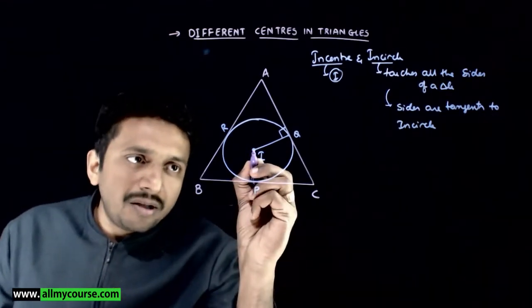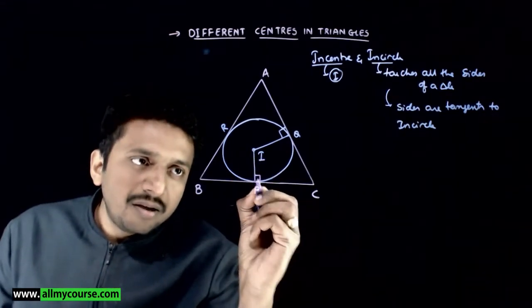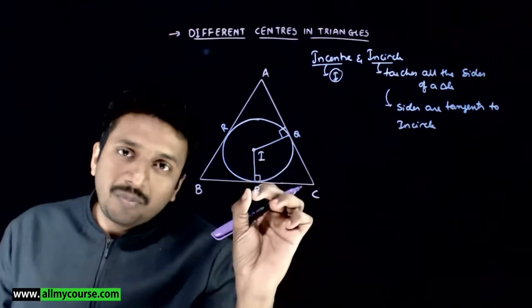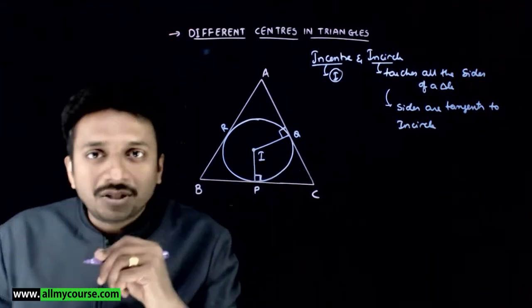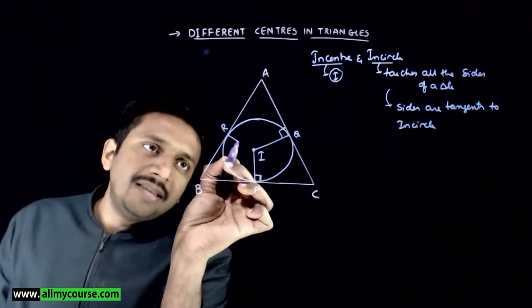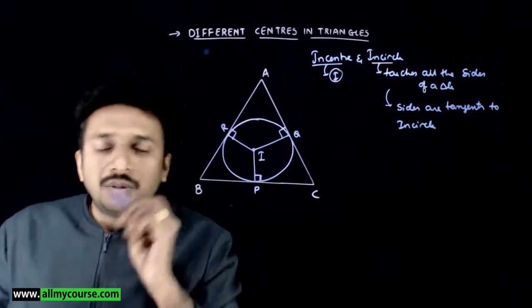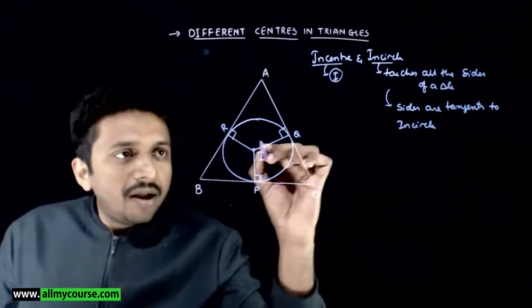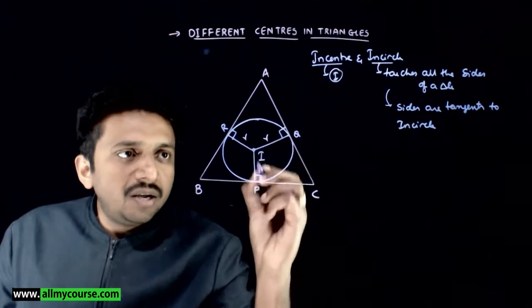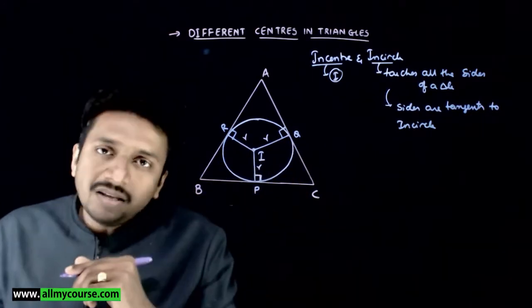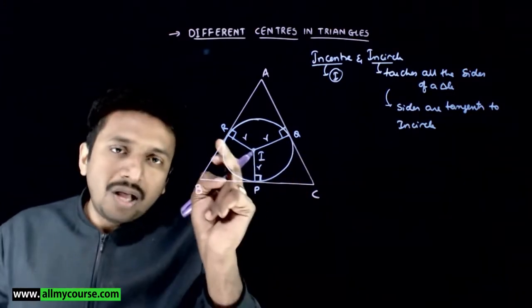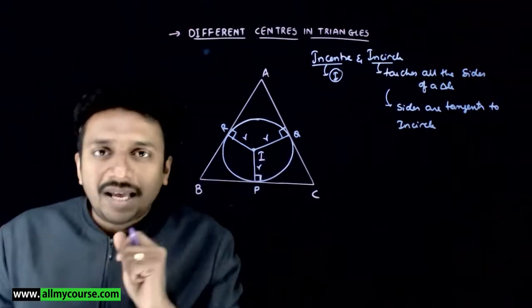So if I draw a perpendicular, or if I join I to the other points of contact, this angle will also be equal to 90 degrees, and this angle will also be equal to 90 degrees. And all these three lengths will be equal to the radius of the incircle. So all the lengths of the perpendiculars are equal.